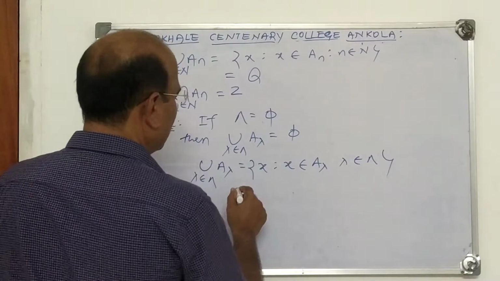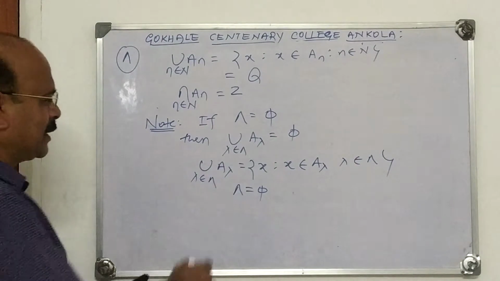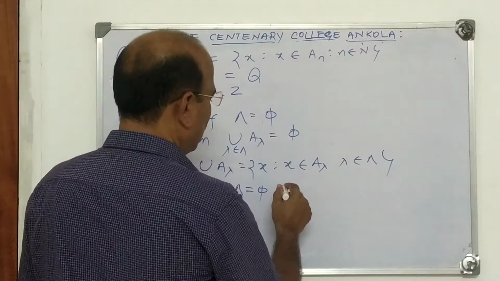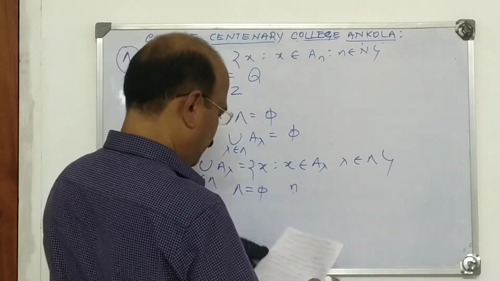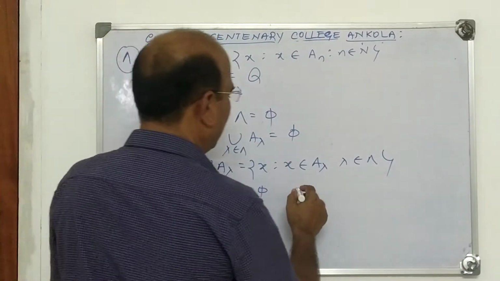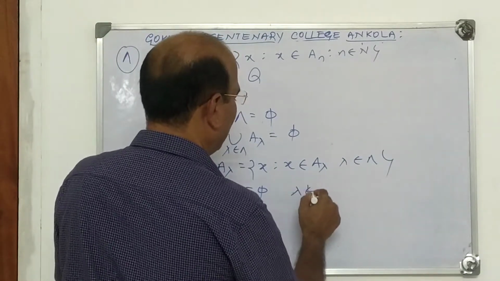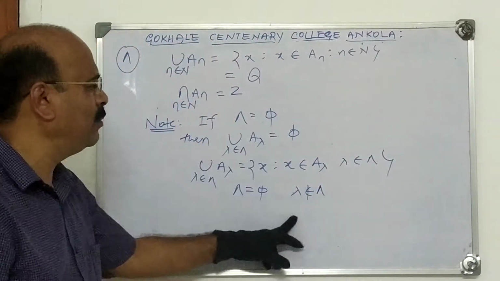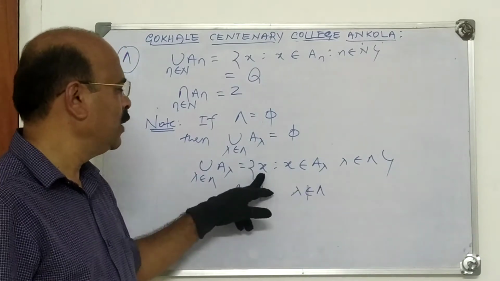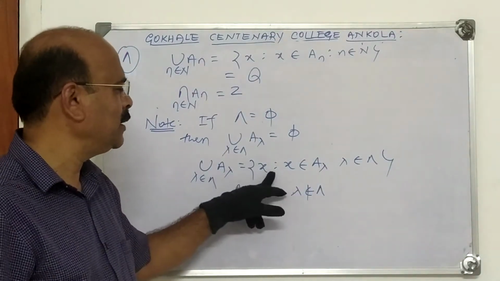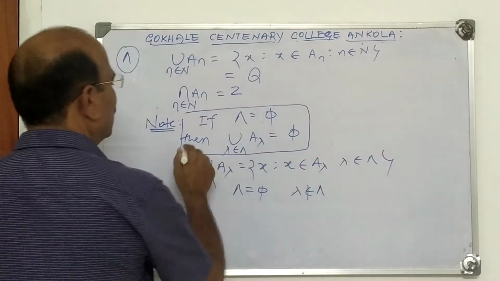Now here, since the index set is empty, there exists no lambda belongs to Lambda. Therefore there is no x belongs to A lambda, which means the union is empty. So this result is important. In the next theorem we use this.